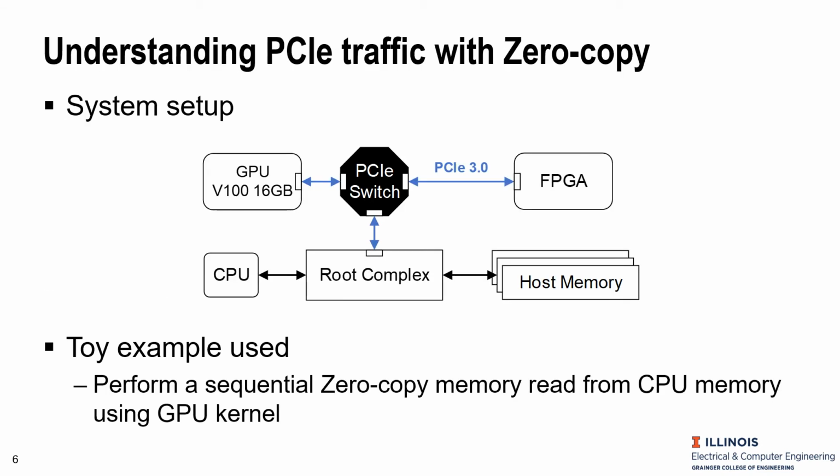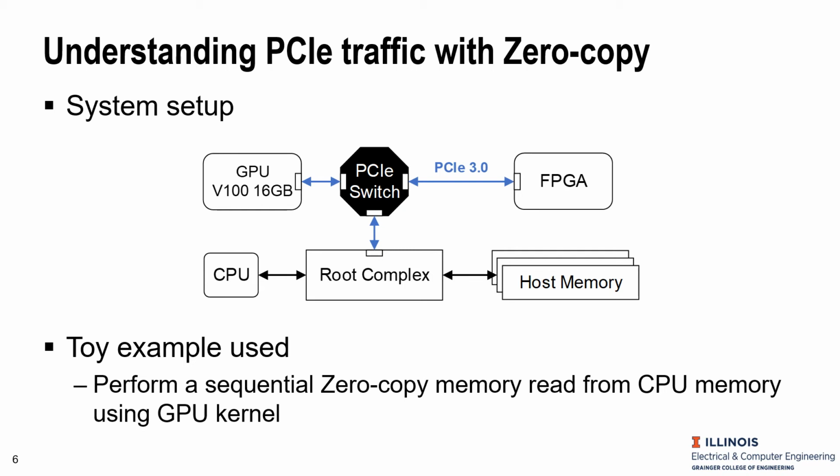First, let's quickly go over the test setup to analyze the PCIe traffic behavior of zero-copy access. In our Intel system with PCIe 3.0, we connected an NVIDIA V100 GPU and a Xilinx FPGA to the identical PCIe switch. The FPGA logic was designed to advertise a large memory space to the GPU so the GPU can generate zero-copy access to the FPGA.